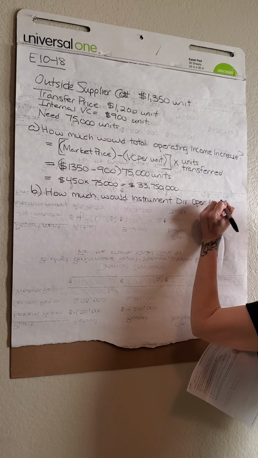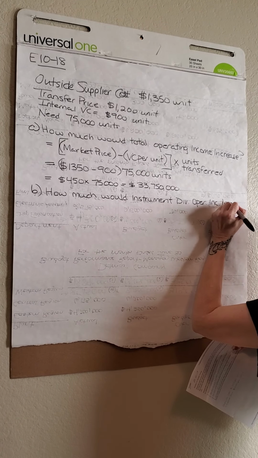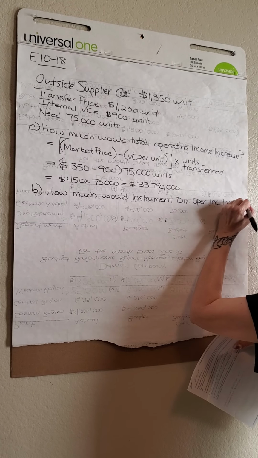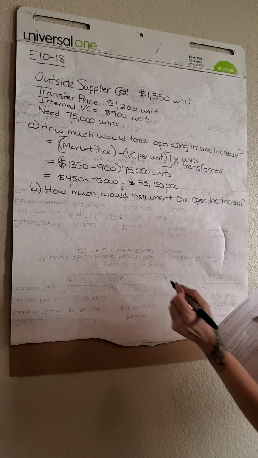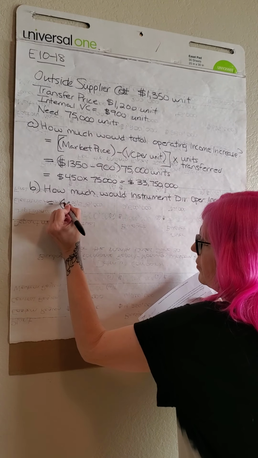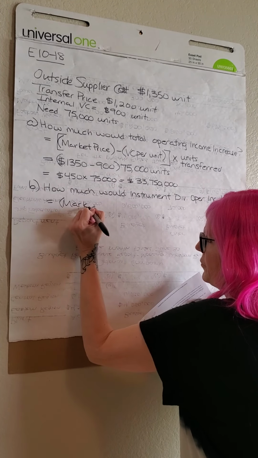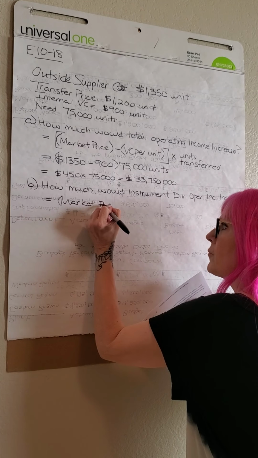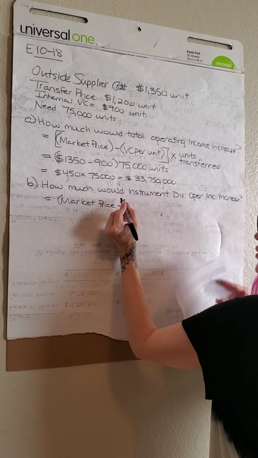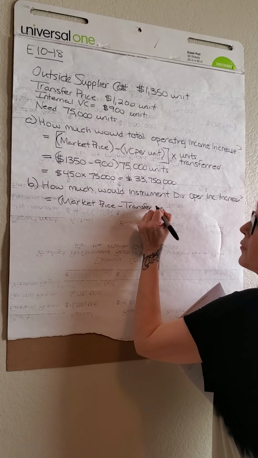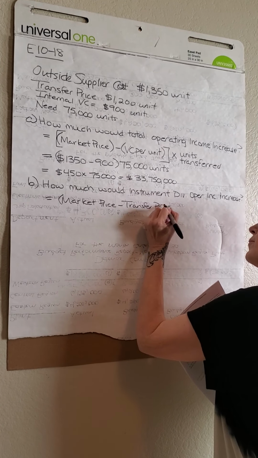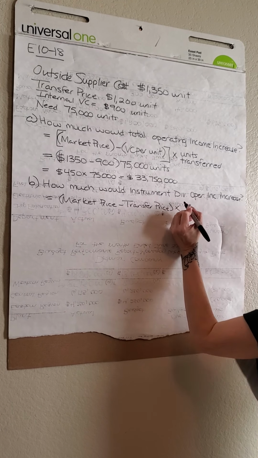So now what we're going to do is take the market price minus the transfer price times units transferred.